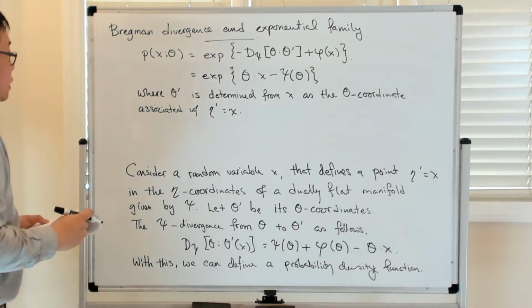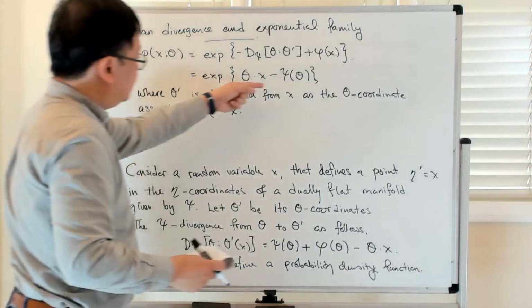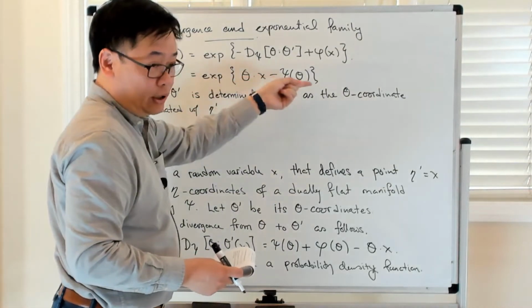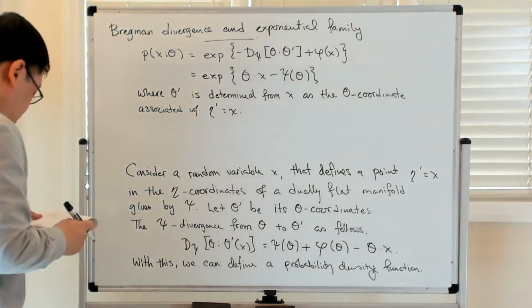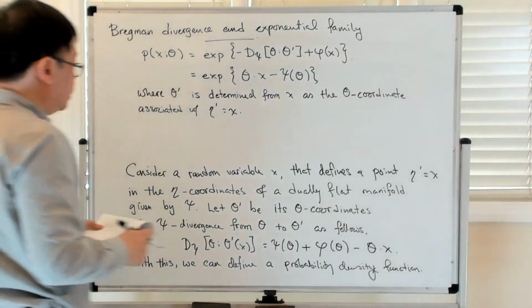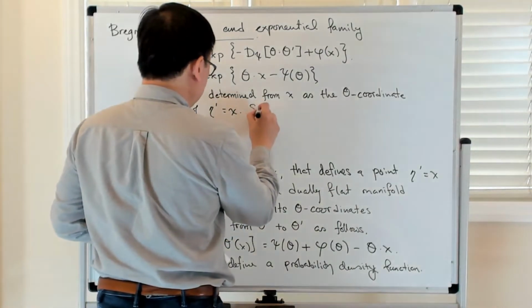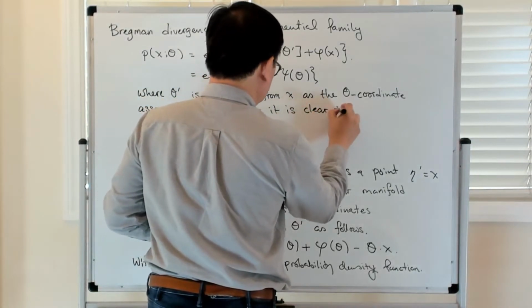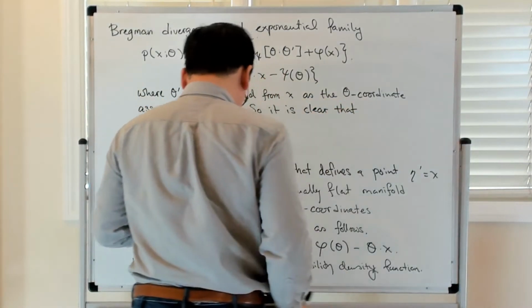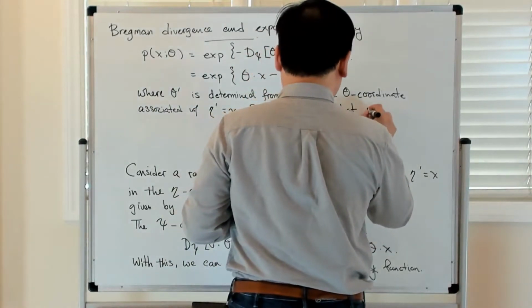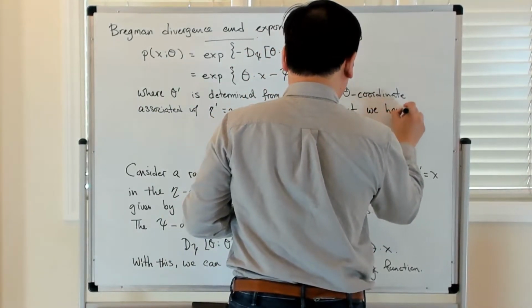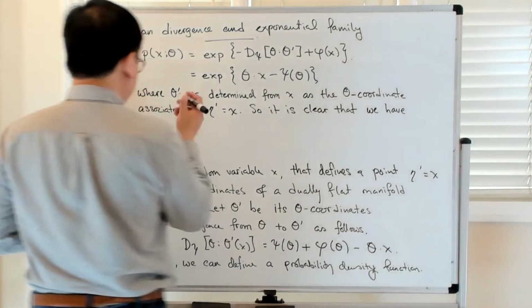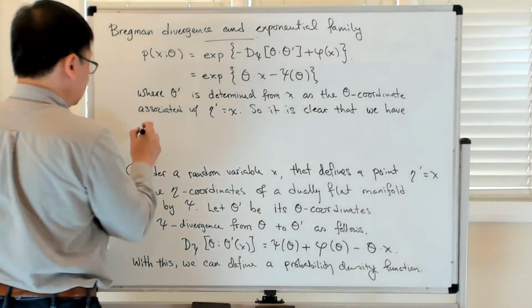And that clearly is the form of an exponential family. So it's clear that we have an exponential family derived from the Bregman divergence.